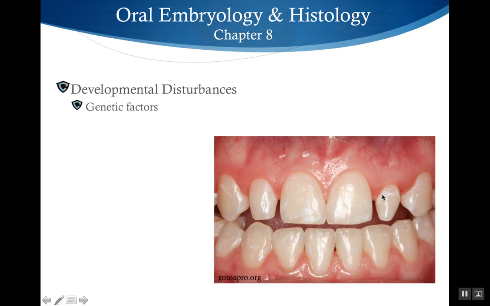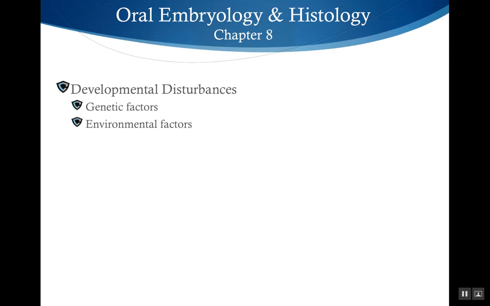This one is a little more peg shaped, but you can see the maxillary lateral incisors are often peg shaped, and many times we can restore those to a normal size using crowns or veneers or even composite material.